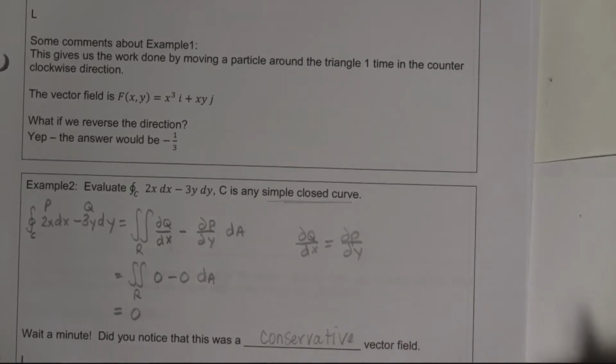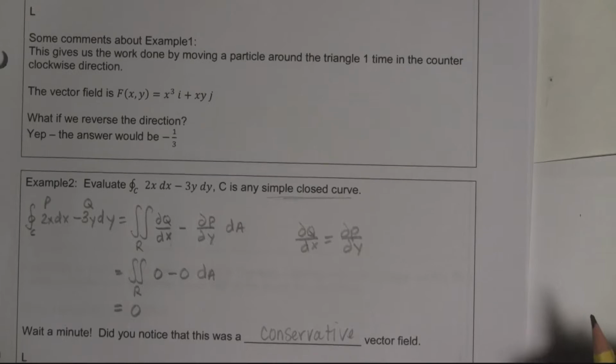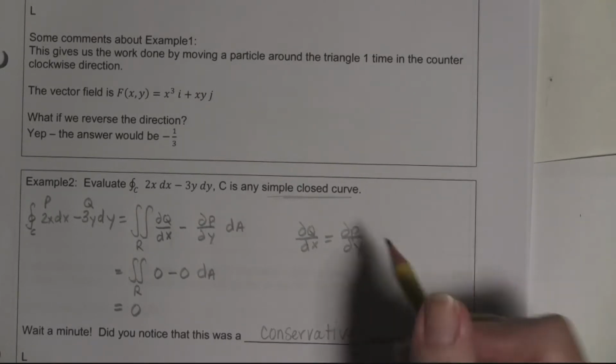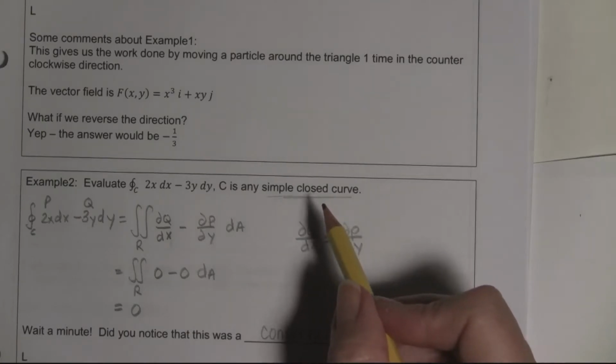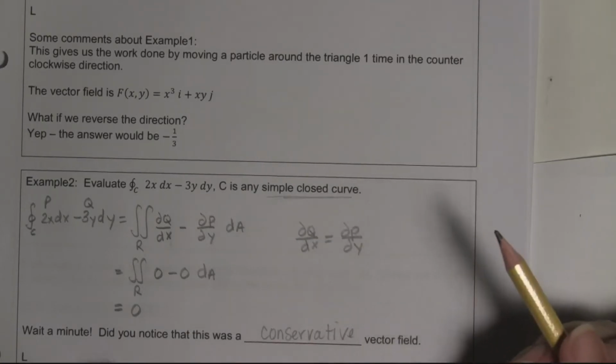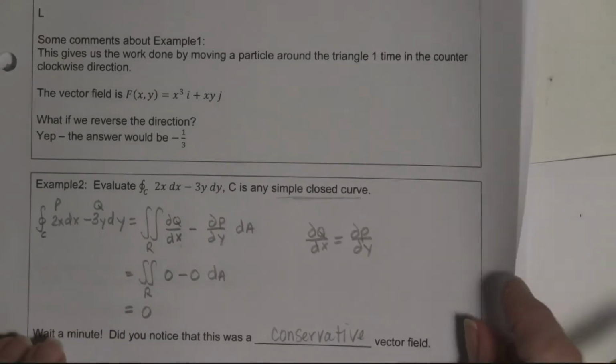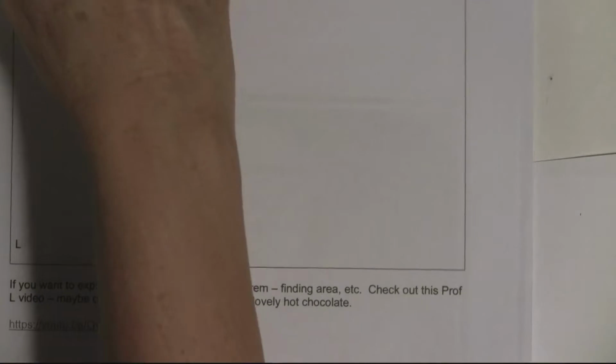And so every single time I had a conservative vector field on a simple closed curve, because of Green's theorem, I would get 0 for the work. Yep, so that's the story. I think some of you already told me that, actually.